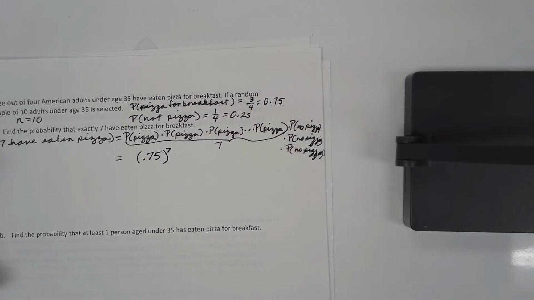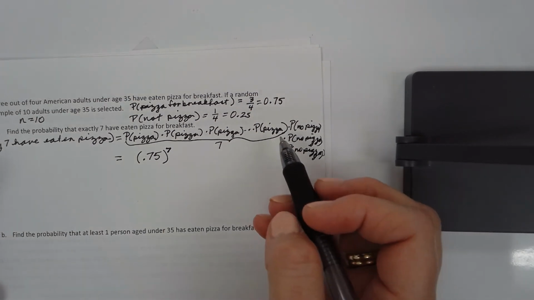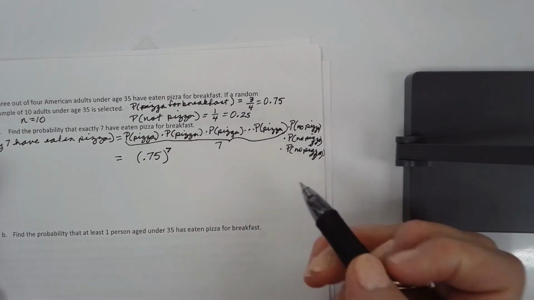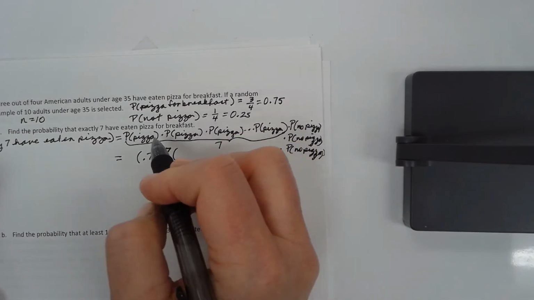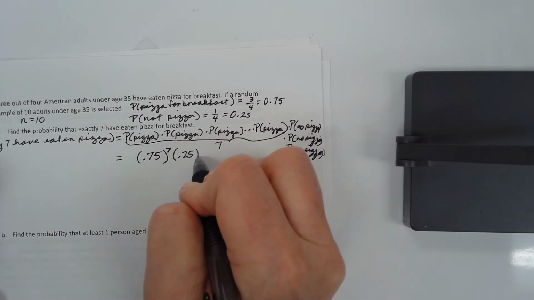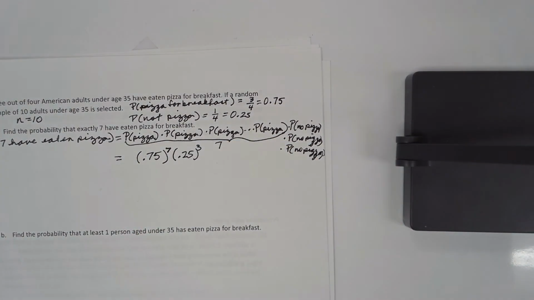And then the probability that 3 of them did not eat pizza. So that's a 0.25, and that's 3 of them. Does that make sense?